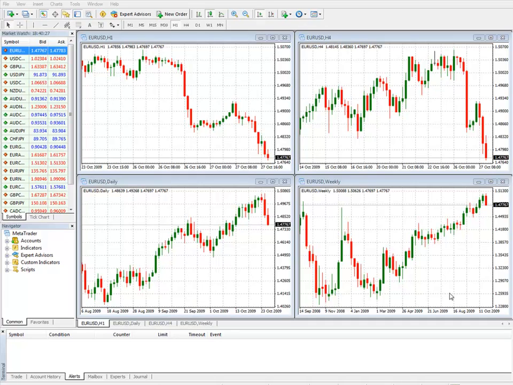Now, conservatively, many suggest that you risk between 1 and 3% of your available capital per trade.